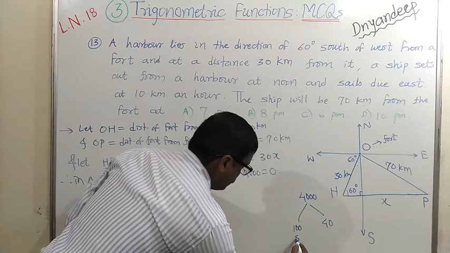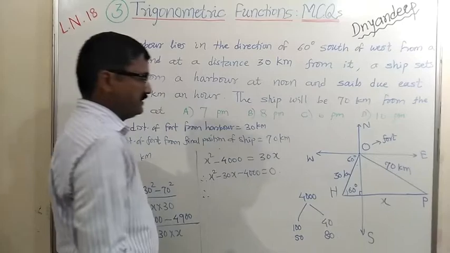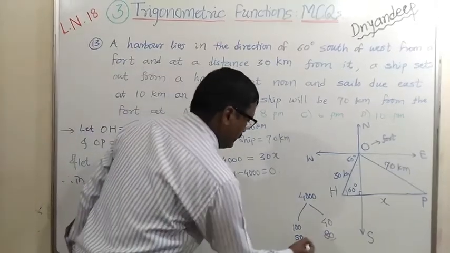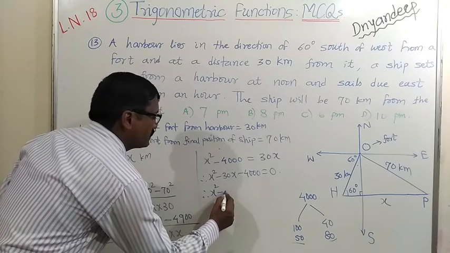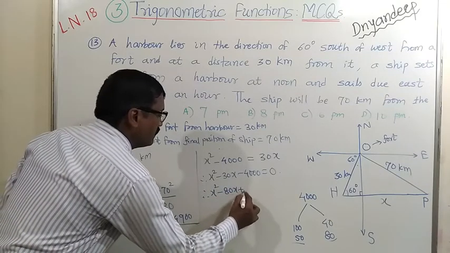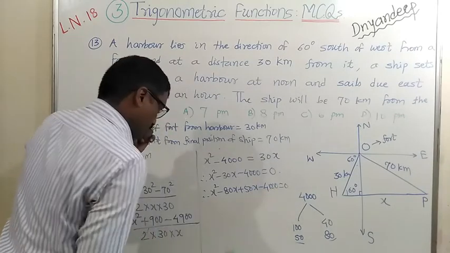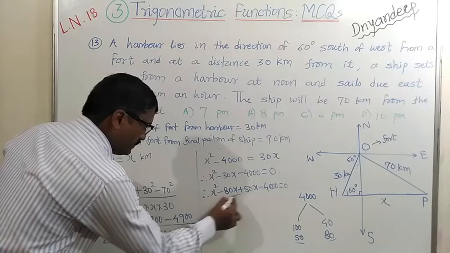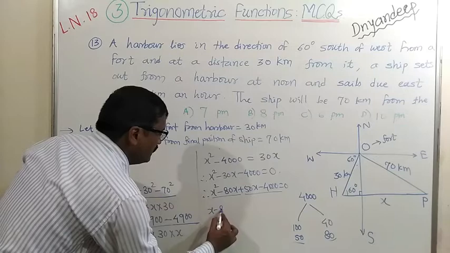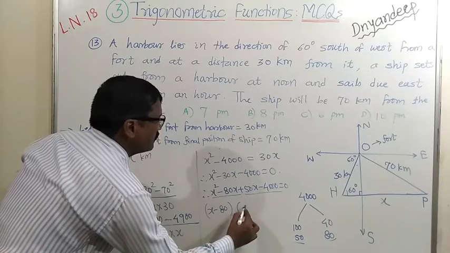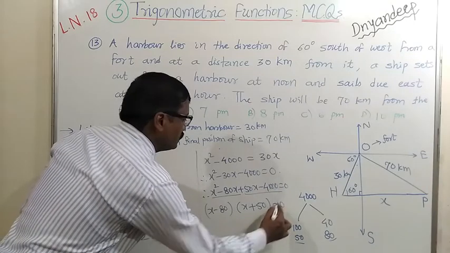Then 80 into 50, that is 4000. So 80 and 50 will give us the difference 30. So x square minus 80x plus 50x minus 4000 equal to 0. From these two factors we get x minus 80 and x plus 50 equal to 0.